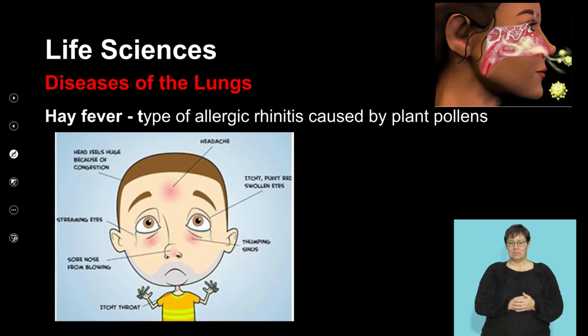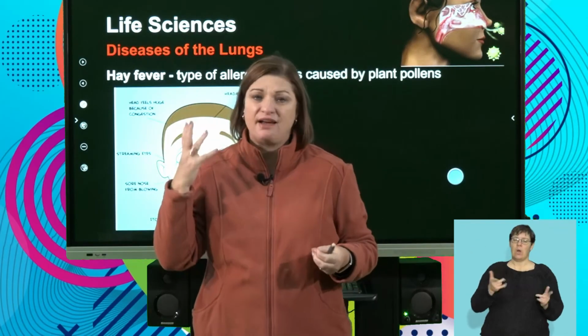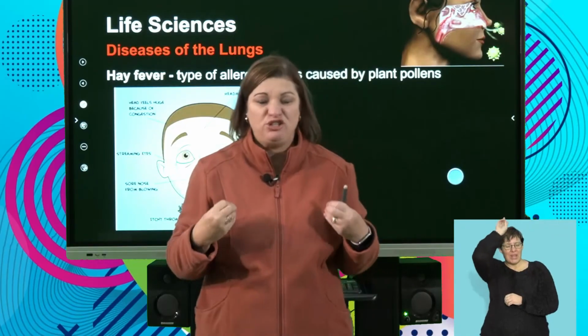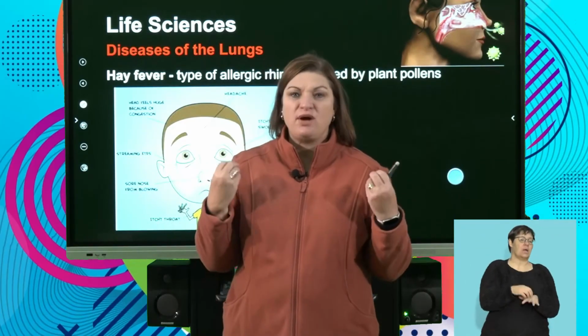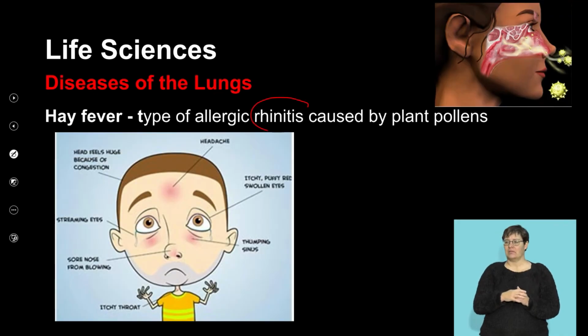Now, hay fever. This is obviously not as dangerous as an asthmatic attack or tuberculosis, but it is an irritation. So for some of us, what happens is we get what we call rhinitis. That's basically a snotty nose, because if you sniff, you do sound like a rhino. So what happens here, you have maybe triggers, and pollen is a good trigger.